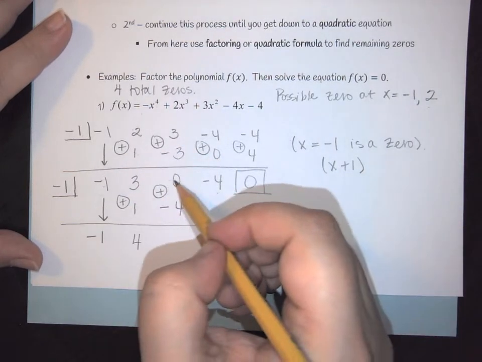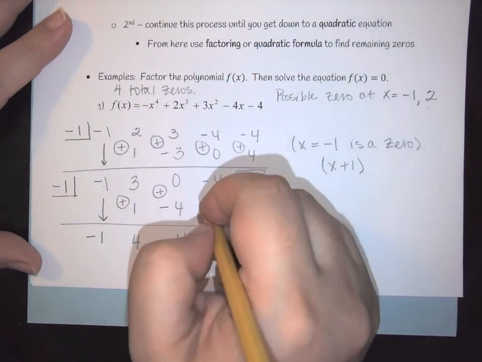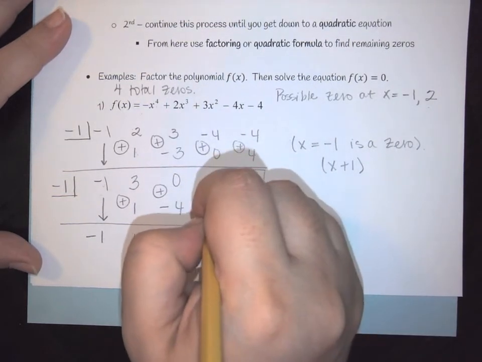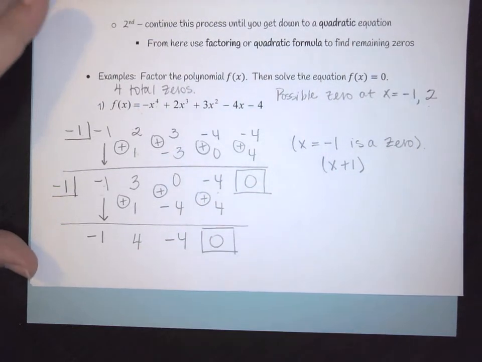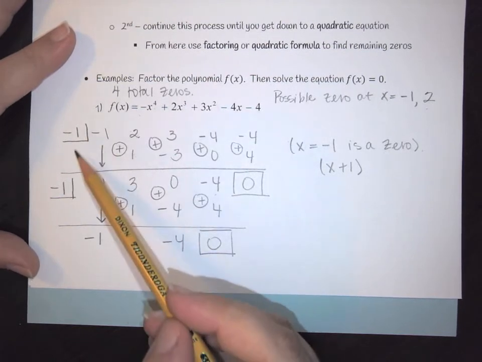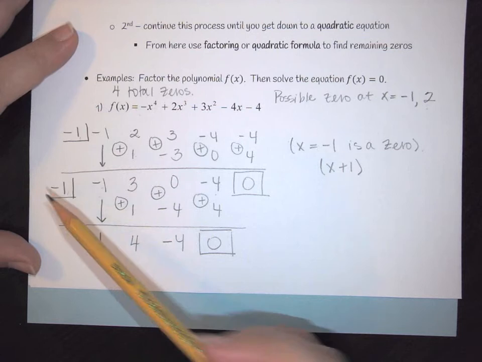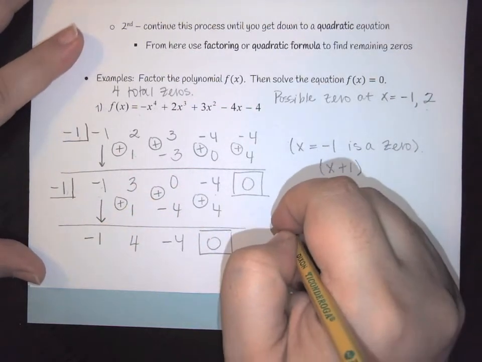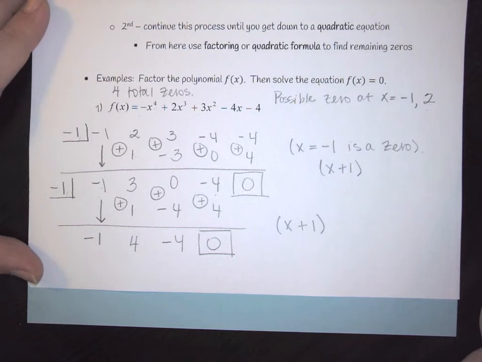Add them. 0 plus -4 is a -4. -4 times -1 is a 4. I need to add them. I get a 0, and again, I got what I wanted. So what this tells me is that -1 works at least twice. So I know here again that I have the factor x plus 1.